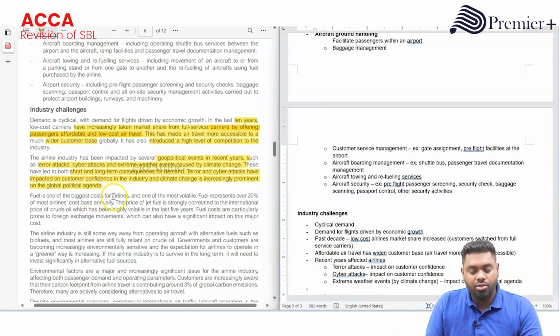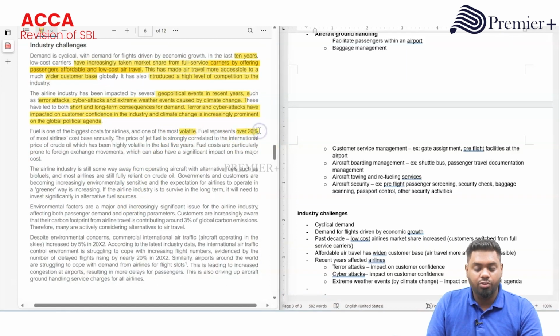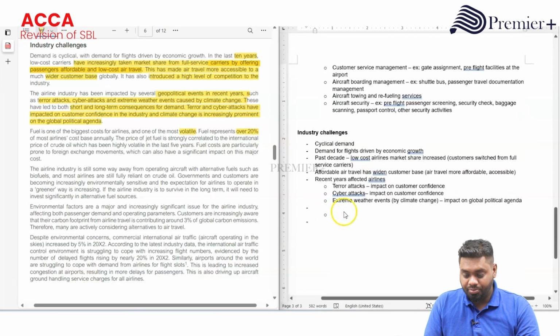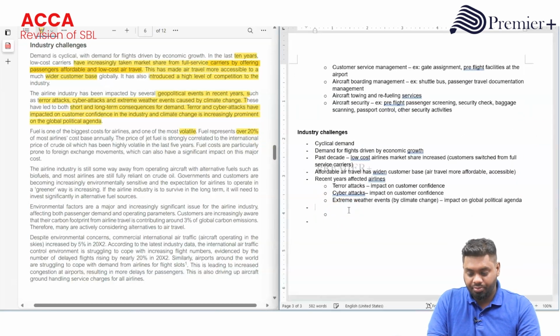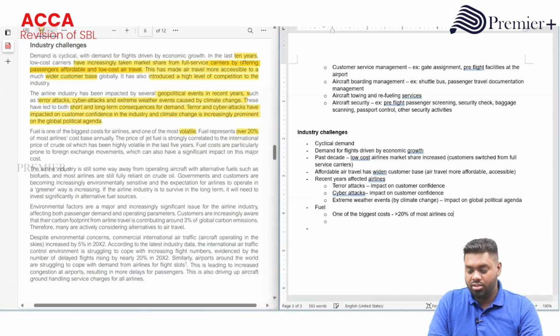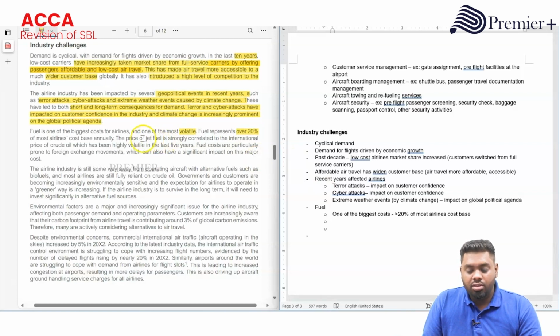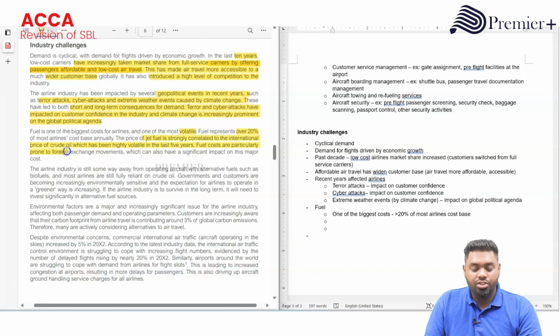Fuel is one of the biggest costs for airlines and one of the most volatile. Fuel represents over 20% of most airlines' cost base annually. The price of jet fuel is strongly correlated to the international price of crude oil, which has been highly volatile in the past few years.